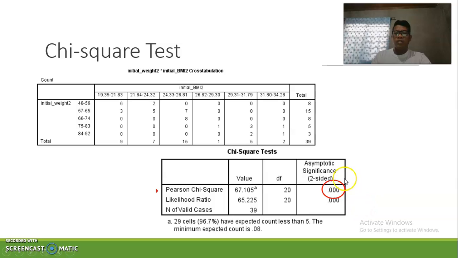You notice the p-value, or the significance value, is less than the 0.05 level of significance. So therefore, we can now say that there is a relationship between the initial weight and the initial BMI of the participants. You can also report the descriptive statistics of our data, or the cross tabulation.